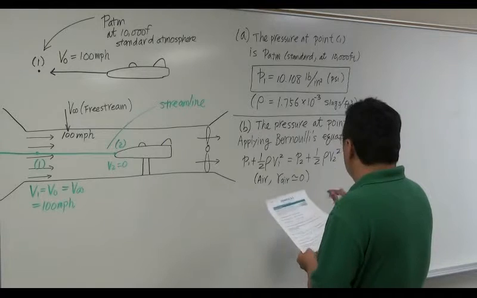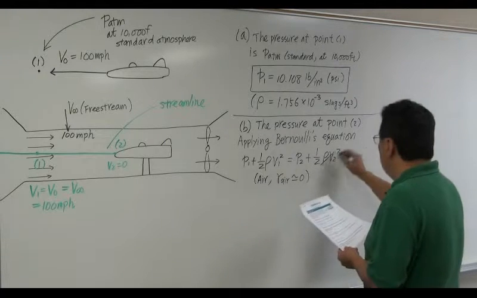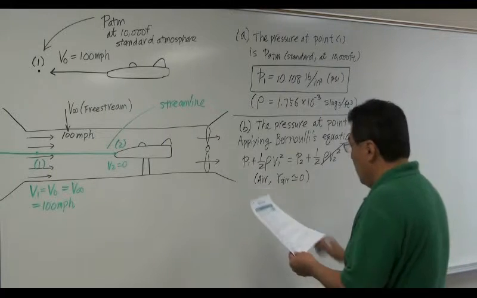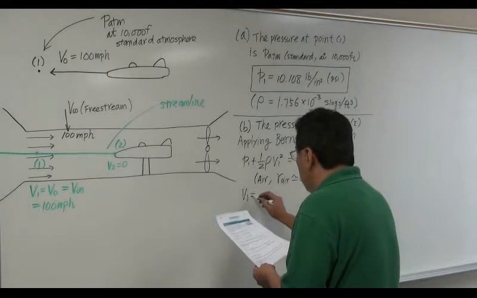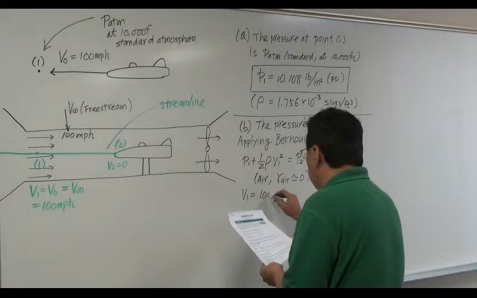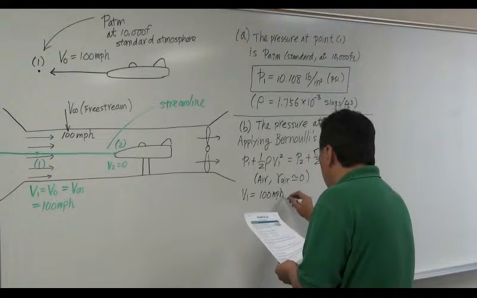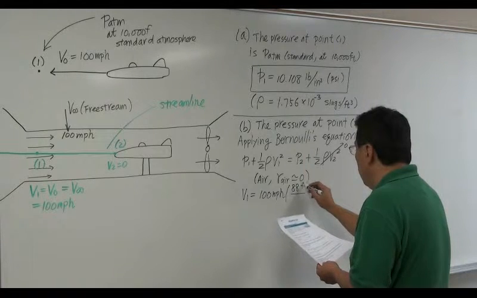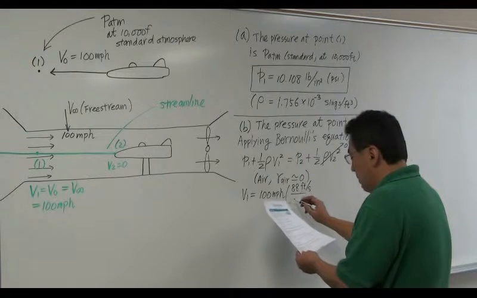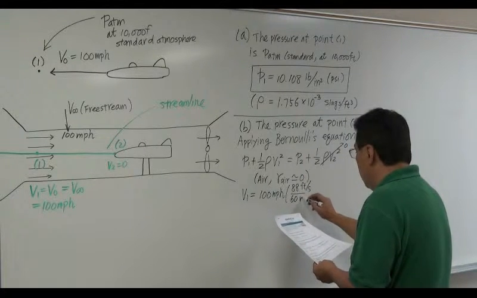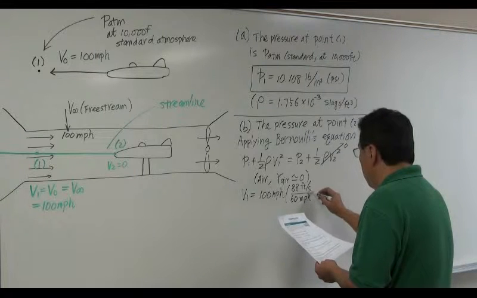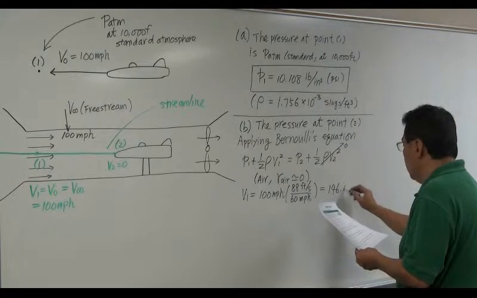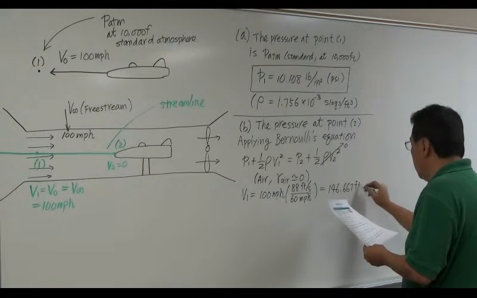Another thing you know is velocity V2 is 0, stagnation point. And also V1 is 100 miles per hour. Let's convert this into feet per second by multiplying by 88 divided by 60. Then you're going to have 146.667 feet per second.